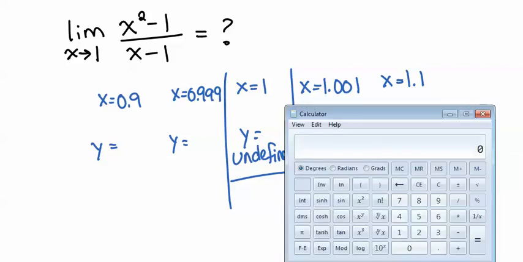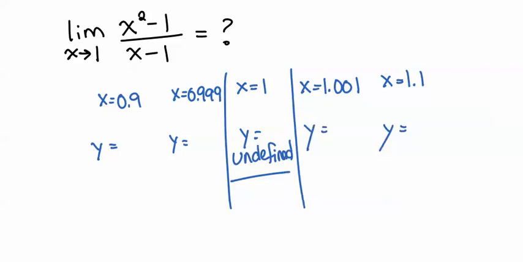Okay, sorry, I should have done this ahead of time. I'll just pause it. Okay, I paused it and I got all the answers. Hopefully I didn't make any mistakes. I got 1.9 when I subbed in 0.9. When I subbed in 0.999, I got 1.999. And on this side, I got 2.001 and 2.1.